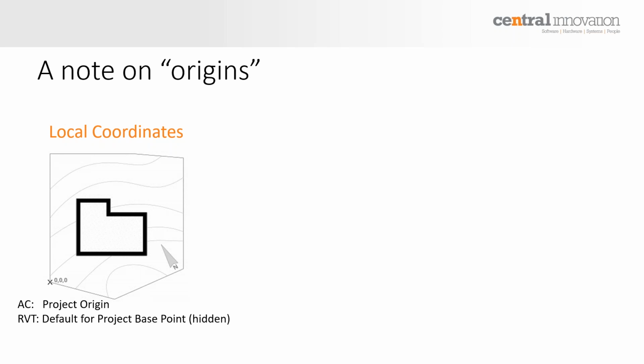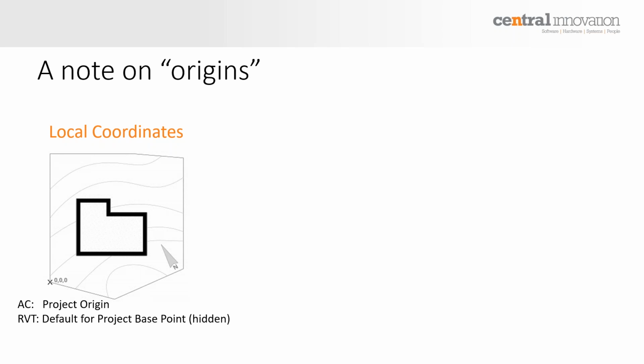All right, this is pretty much what we saw last time. Again, just to recap on where we left. We were talking about origins, and we were trying to make a difference between what we call, at least for the sake of this webinar, local coordinates, which is basically a way to find a point that is closer to your building or your site that we're going to use as a reference for the sake of going on and working on the project.